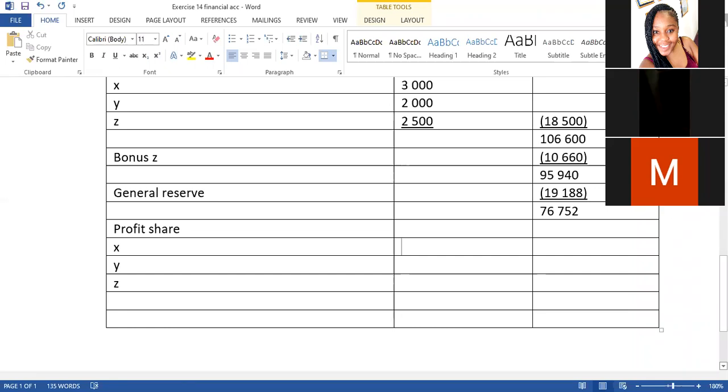That is what X will get. 46,051. If you round it off, it will be 2.